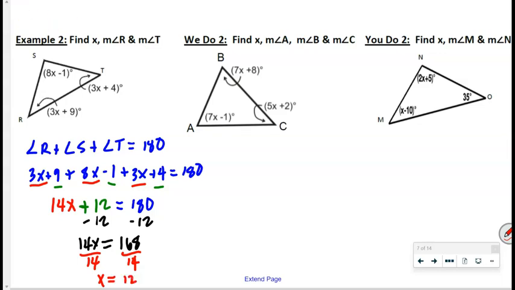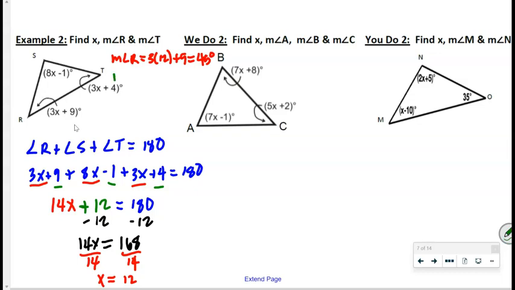Now, to finish this problem, we need to go ahead and plug that back in for these angles, right? So our x is 12. So now we're going to plug it back in for angle r. So the measure of angle r is going to be equal to 3 times 12 plus 9, and that's going to be equal to 45 degrees. Okay.